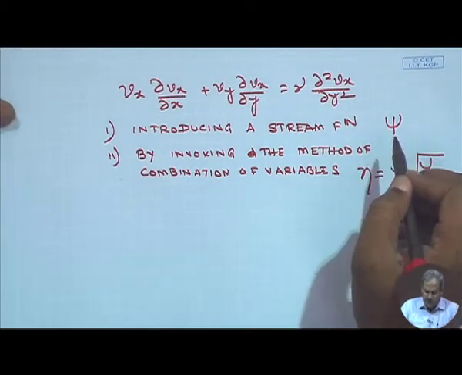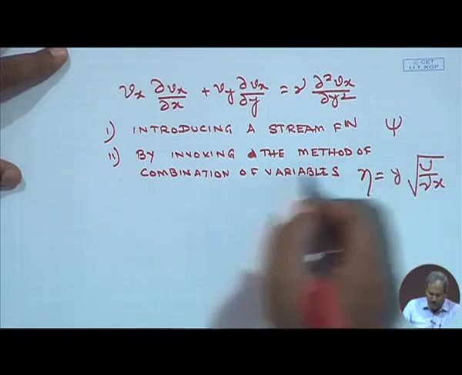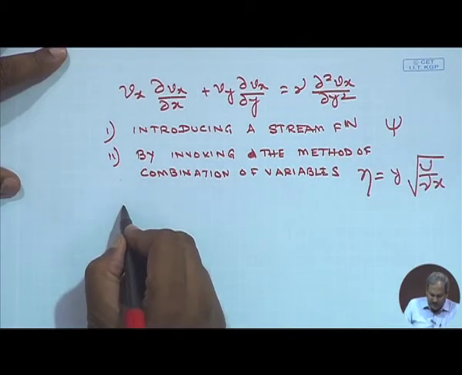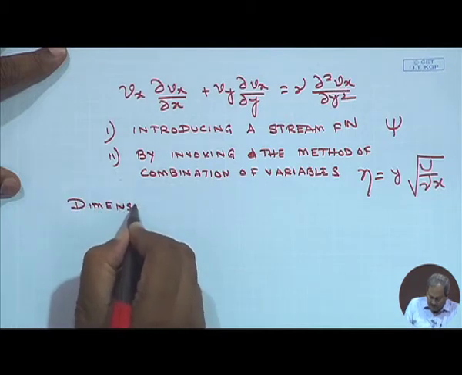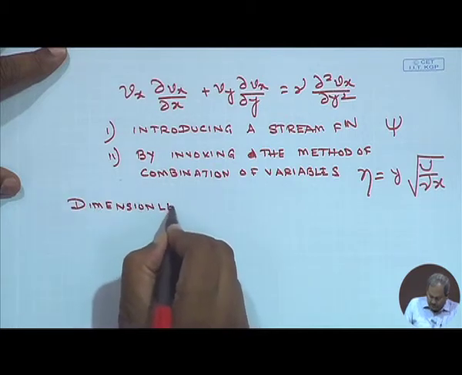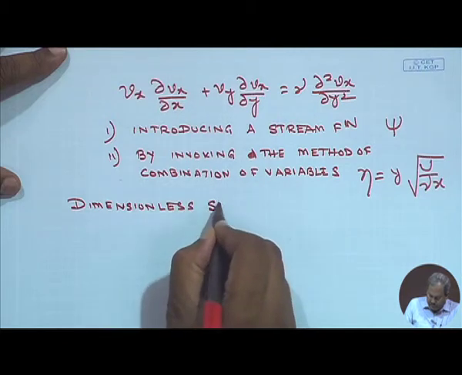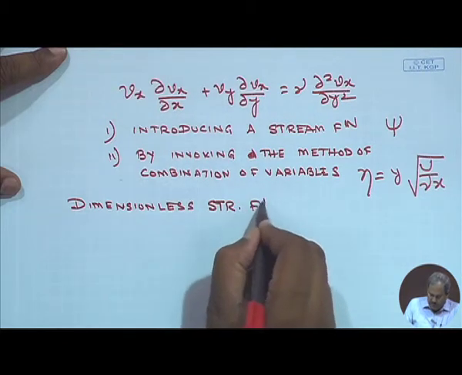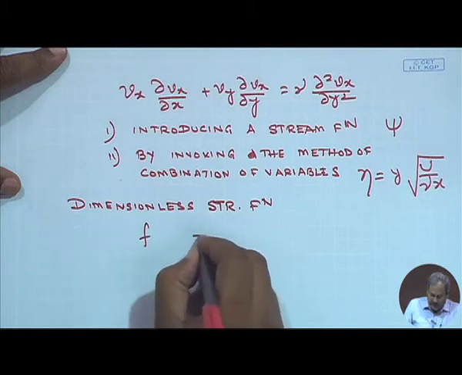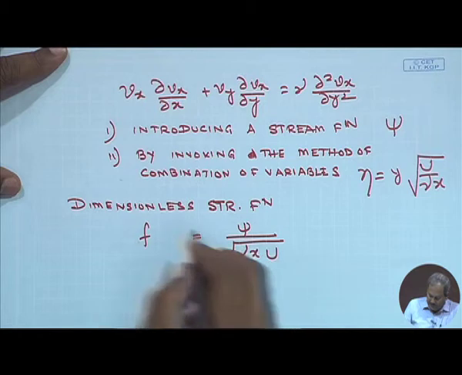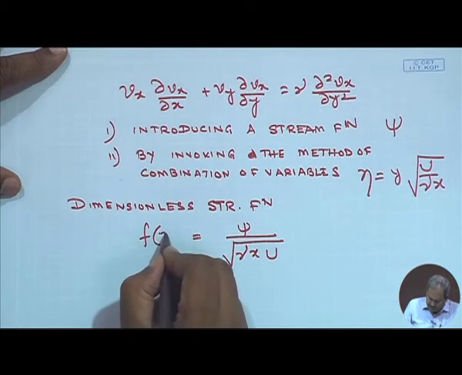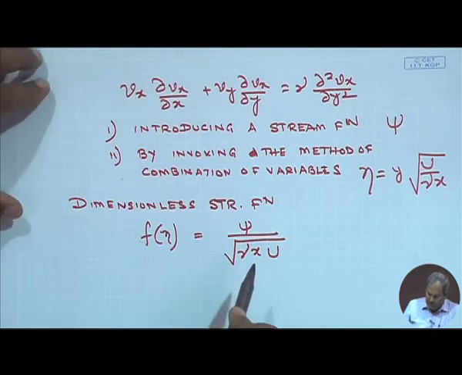And since I am going to make everything dimensionless, I am defining a dimensionless stream function, which is f equals psi by root over nu x u. This dimensionless stream function is a function only of eta.